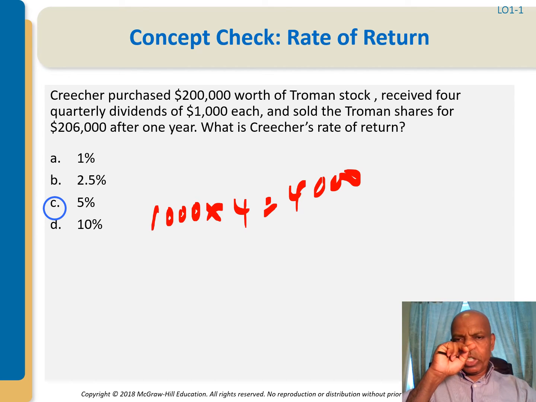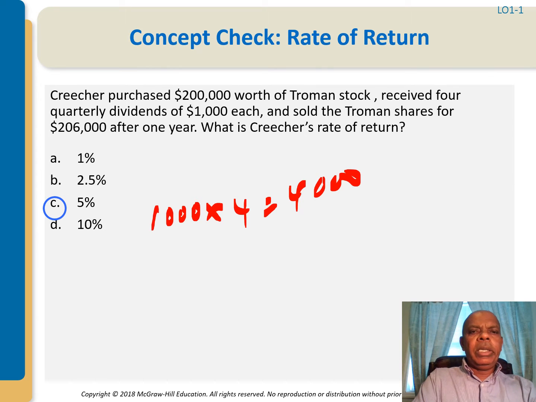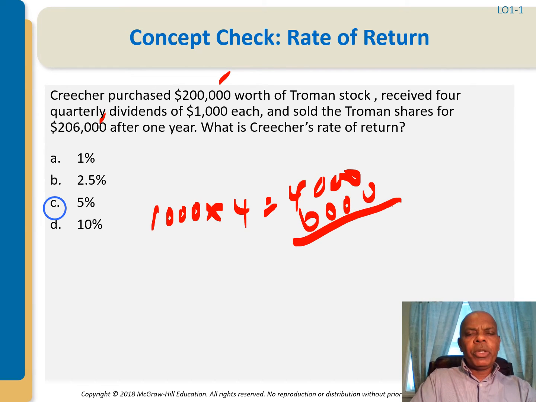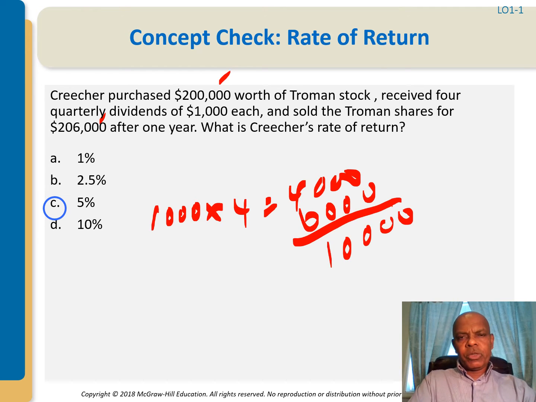So what is the rate of return? They bought the shares at $200,000 and sold them for $206,000. So there's $6,000 you make, right? So what do you have? You get a $10,000 return for a $200,000 investment, right?